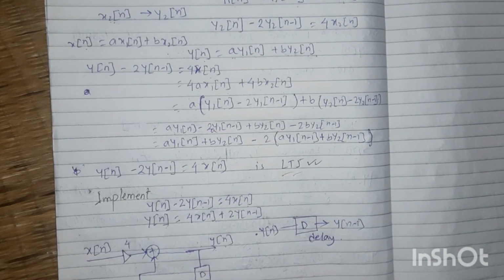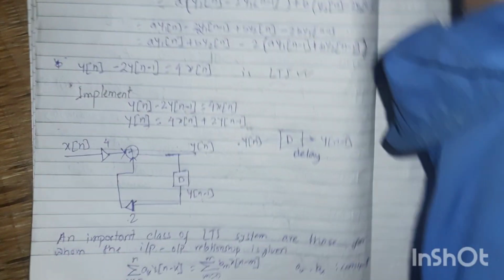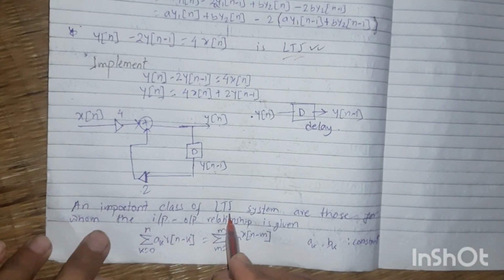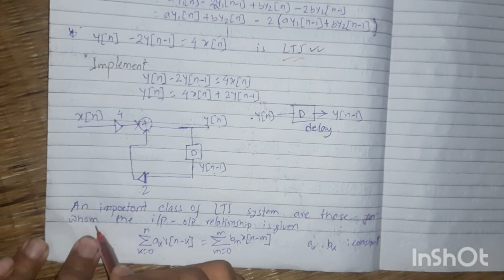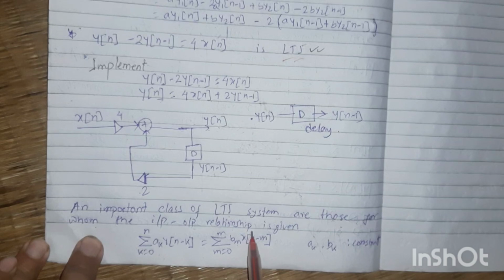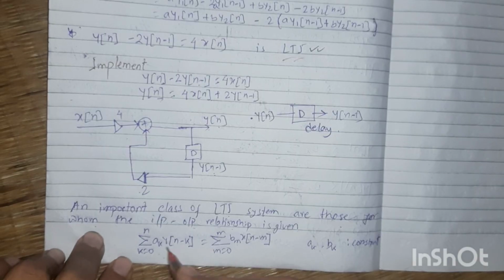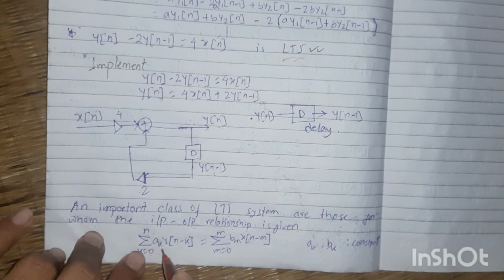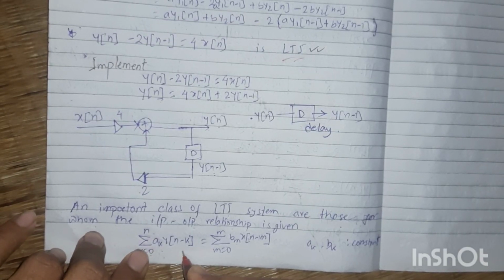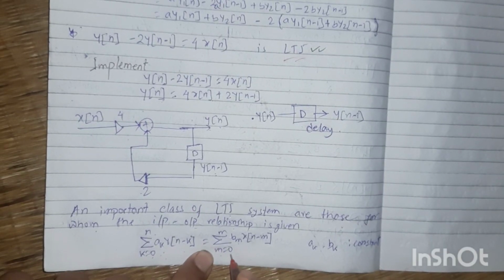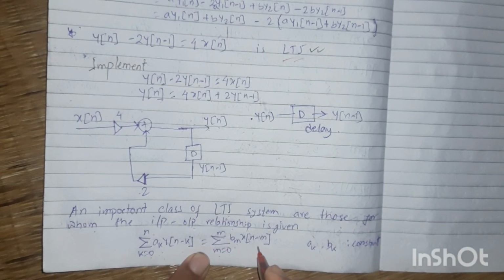This is our equation. The most important thing is that an important class of LTI systems are those for which the input-output relationship is given by summation of k equal to 0 to N of a k y of n minus k equal to summation of m equal to 0 to M of b m x of n minus m.